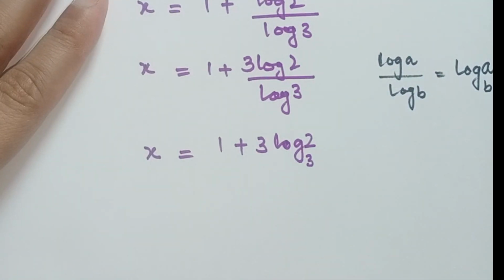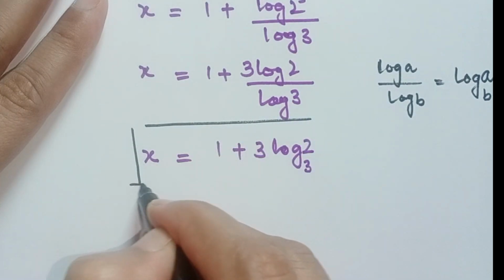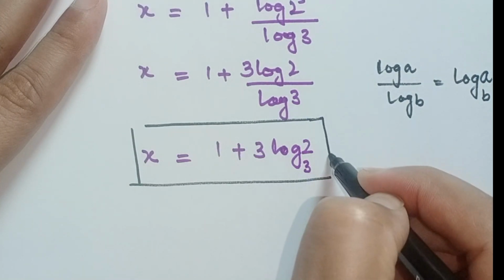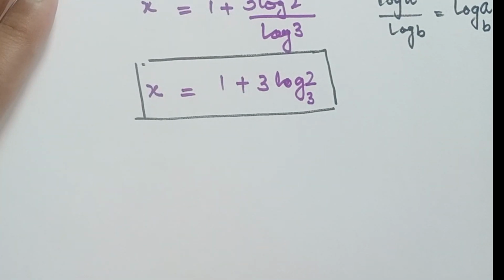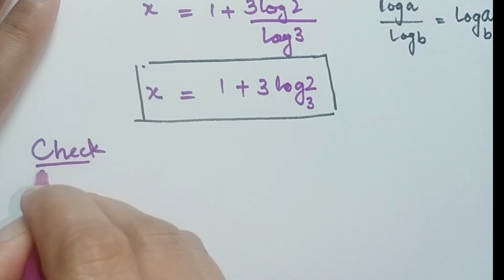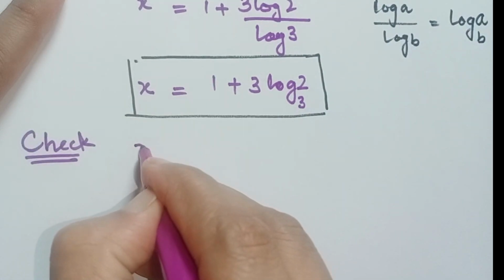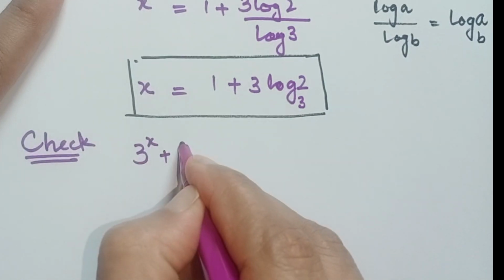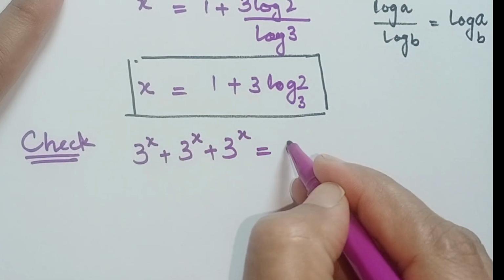So after simplification, we have got the final value of x, which is the required value of x, but we need to check this value. We will use the given equation, the given question, which is 3 power x plus 3 power x plus 3 power x is equal to 72.